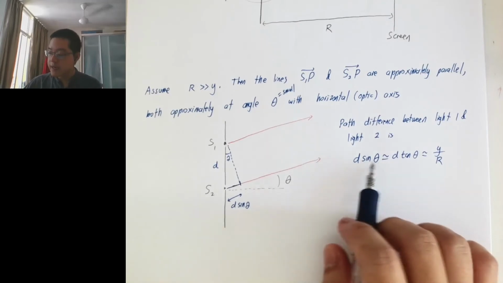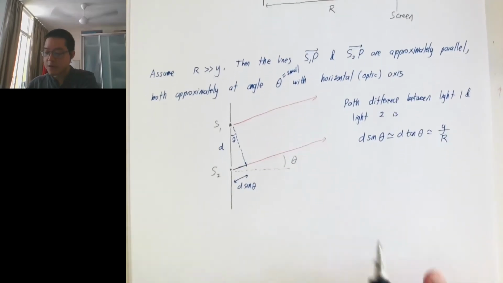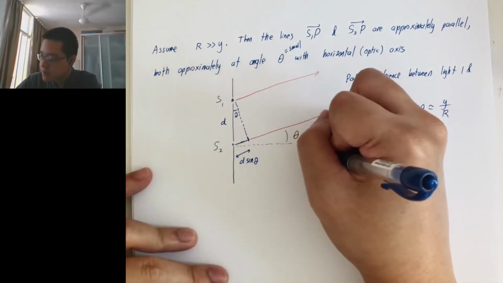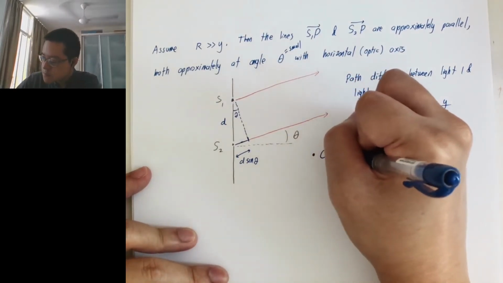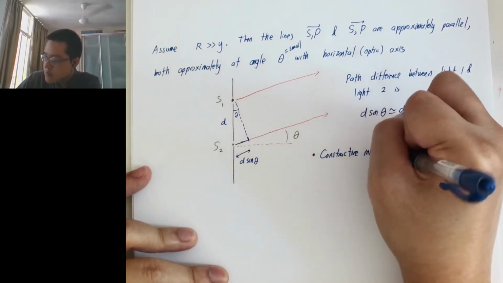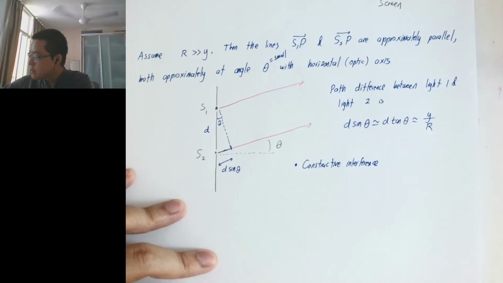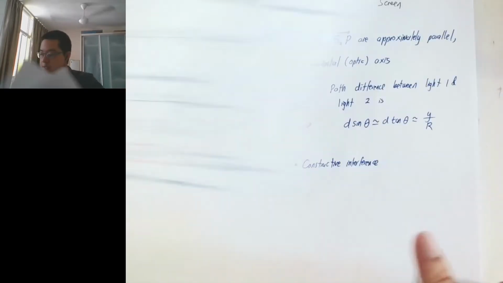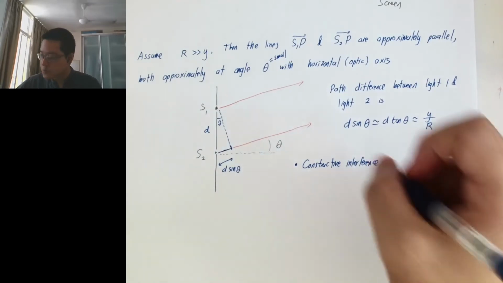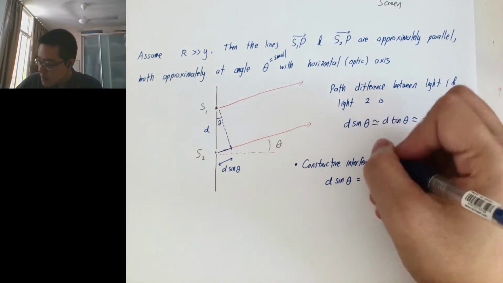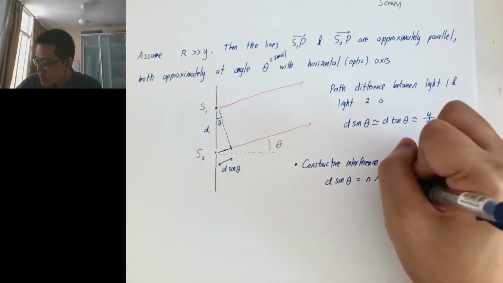Now I can calculate my condition for constructive interference. In order to have constructive interference, my path difference must be an integer times lambda. So d sine theta must equal n lambda, where n is an integer.